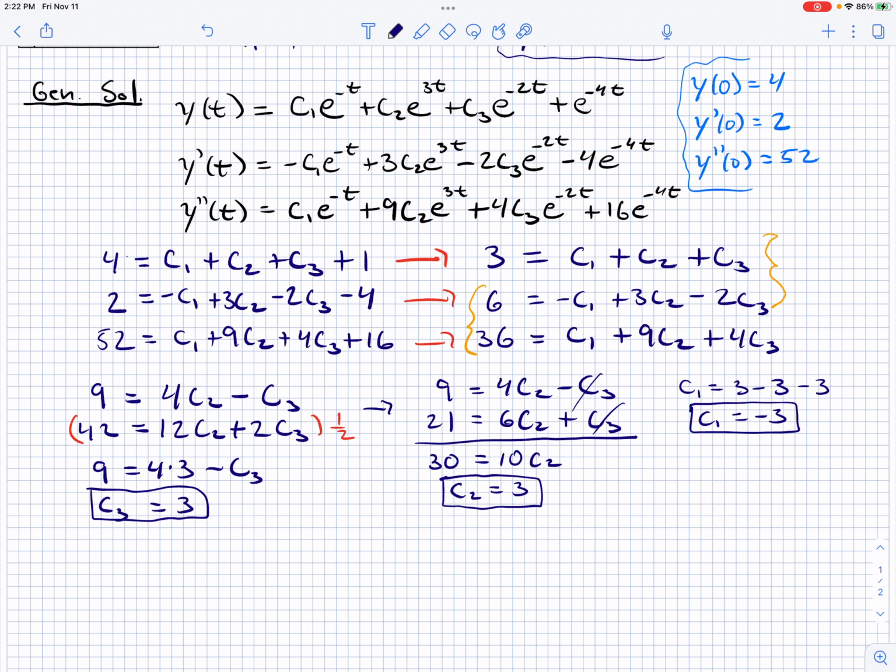And we are almost done. All we need to do is just write our solution to the initial value problem now that we know our C1, C2, and C3.